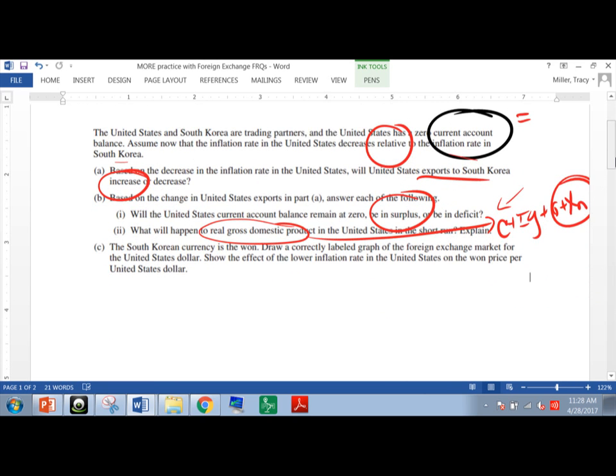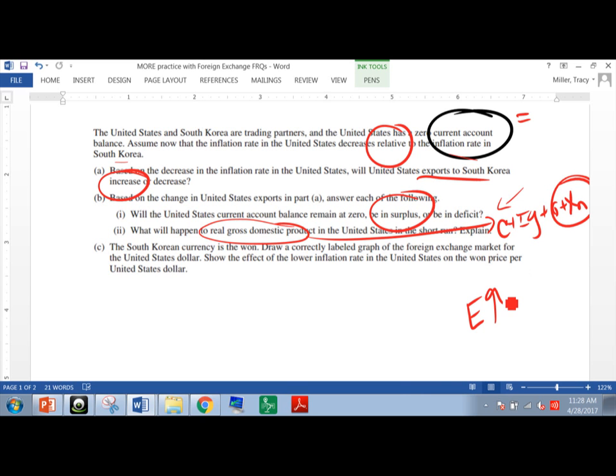If things in the United States are less expensive, our exports are going to increase. Also, all the goods that are coming to us, particularly from South Korea, let me give you a great example, and it's a personal example. I drive a Hyundai, and a Hyundai is a South Korean car. So Hyundais are going to be more expensive based upon this scenario.